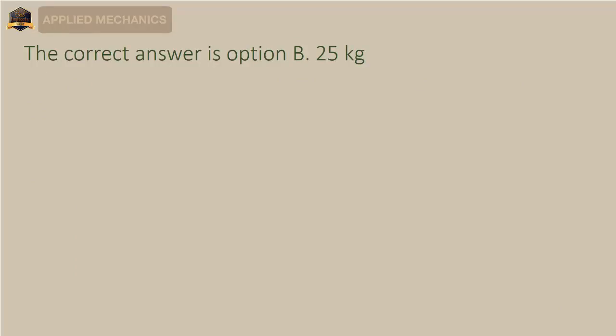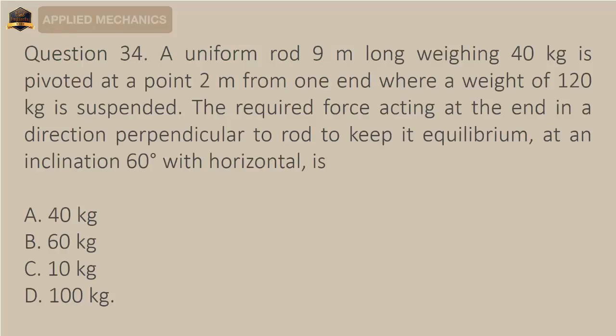Question 34. A uniform rod 9 meters long weighing 40 kilograms is pivoted at a point 2 meters from one end where a weight of 120 kilograms is suspended.